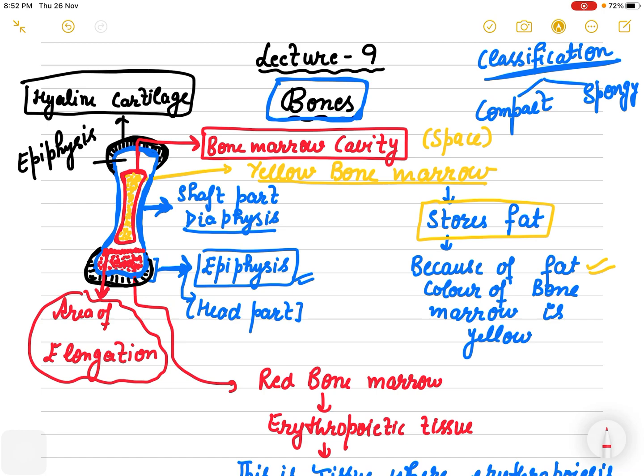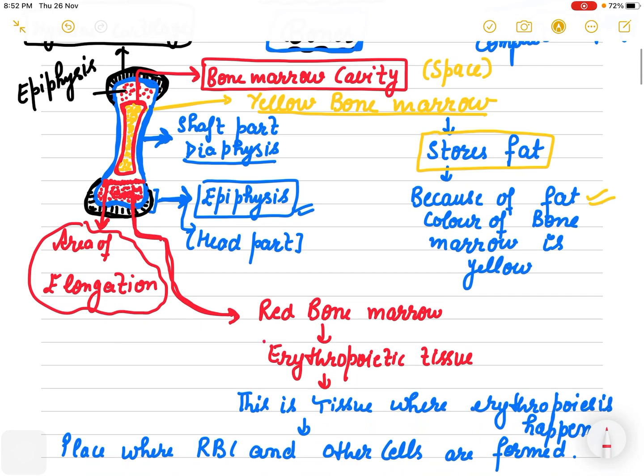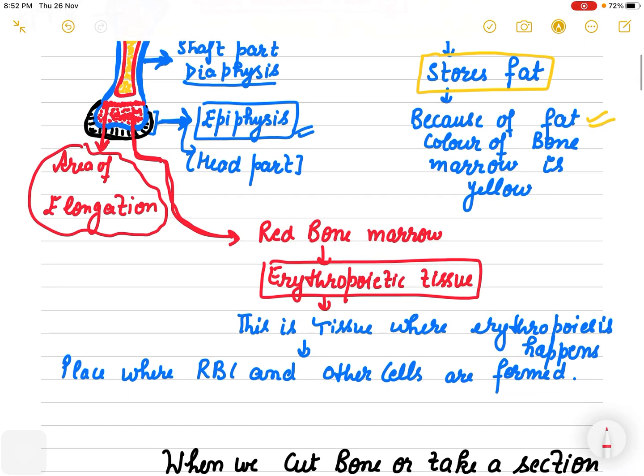This space is called the red bone marrow. On both sides we are having red bone marrow, which is erythropoietic tissue. If you recall your body fluids and circulation, we talked about erythropoiesis. It is the tissue where erythropoiesis happens.